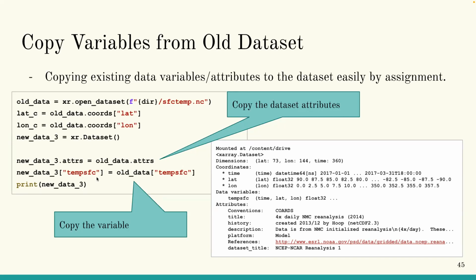You can have a different variable name in the new data set. Okay, and then that's it. You don't even need to copy these two, actually. When you copy the old data temperature, surf, SFC to the new data, it will automatically transfer everything, the metadata.